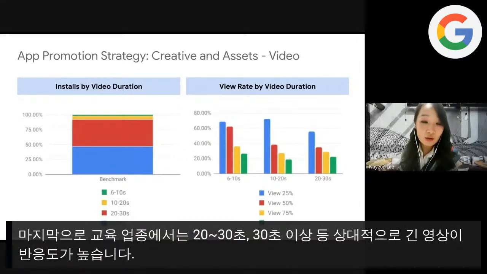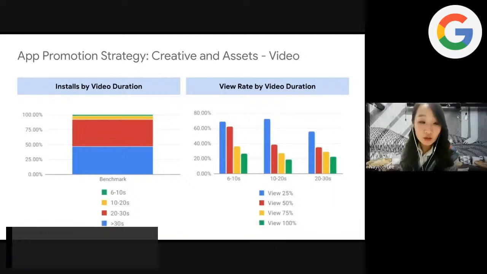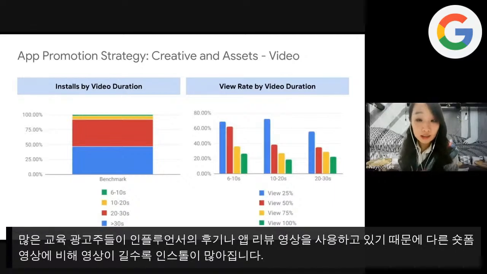Lastly, in the education vertical, relatively longer videos such as 20 to 30 seconds and more than 30 seconds videos are popular. A lot of education advertisers are using testimonials or app review videos of influencers. So that is why the longer video leads to more installs compared to the other short form videos.